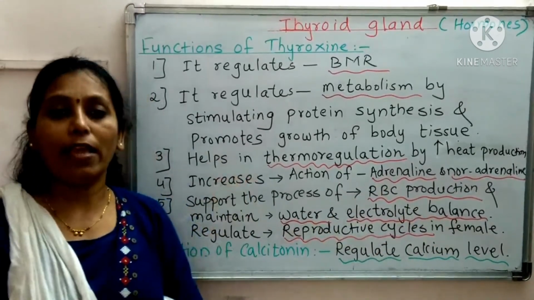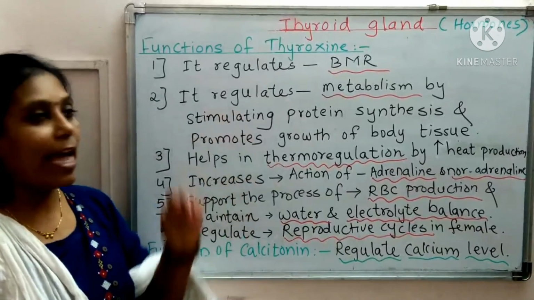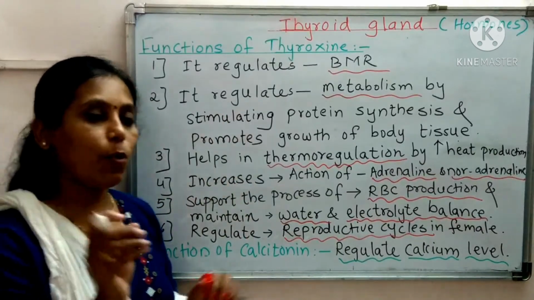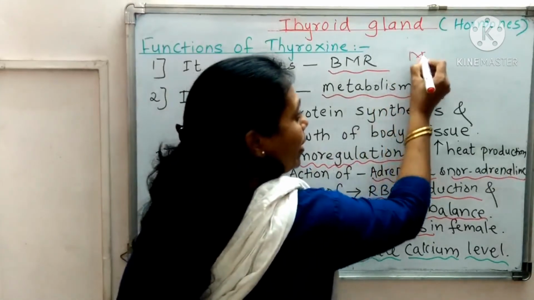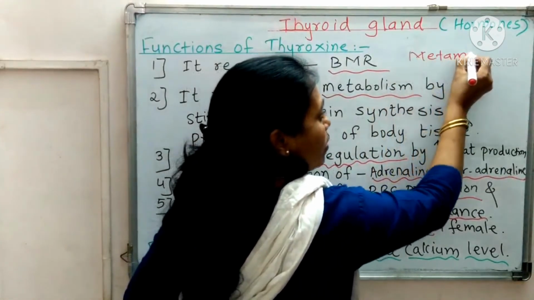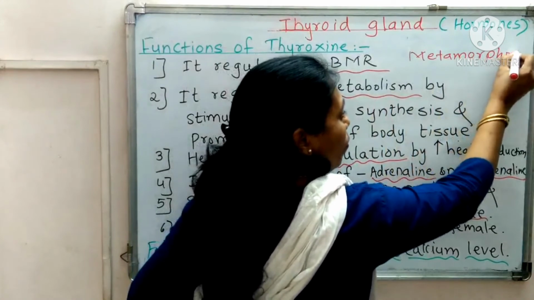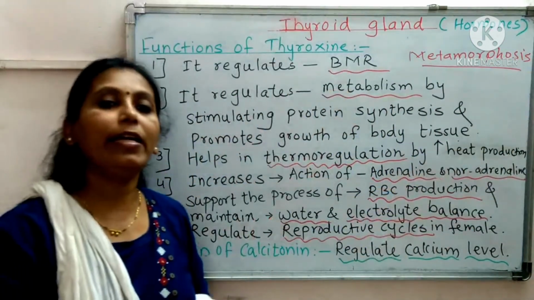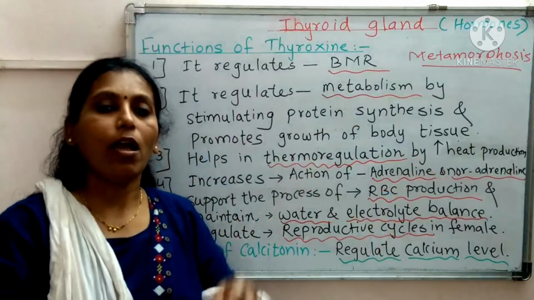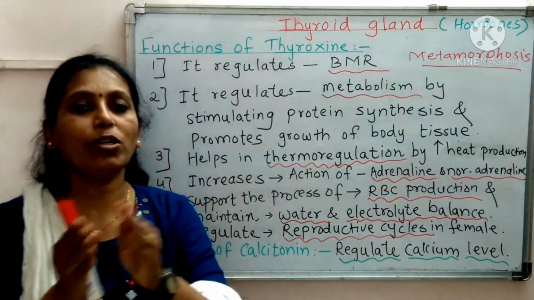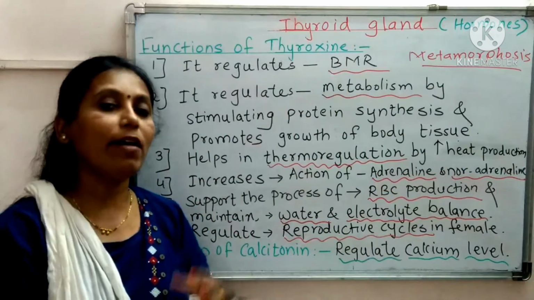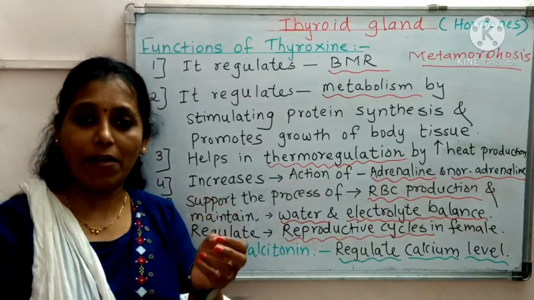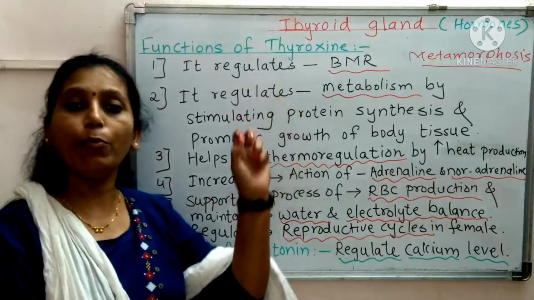Now one more thing I want to tell you, this thyroxine hormone plays a very important role in the process of metamorphosis. Now, what is metamorphosis? Metamorphosis is the process in which one stage converts into another stage. Experiments have been done in which the thyroid gland is removed from a tadpole larva.